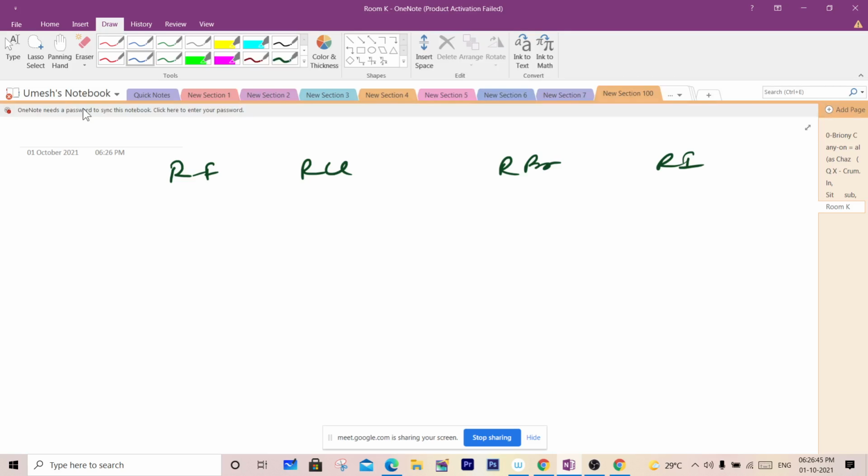RI is the better leaving group because of its bigger size. So this is the leaving group.